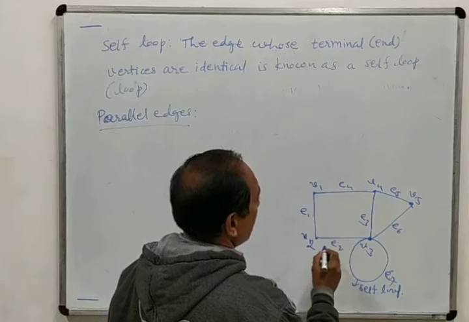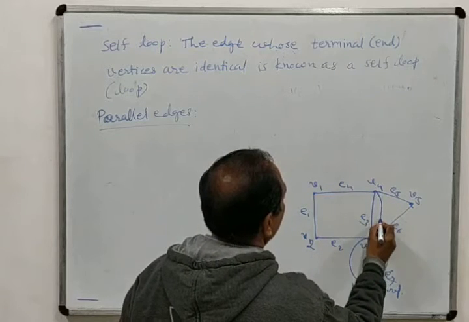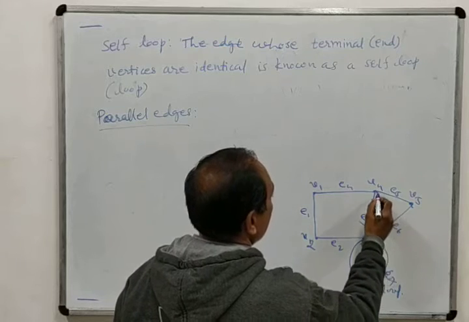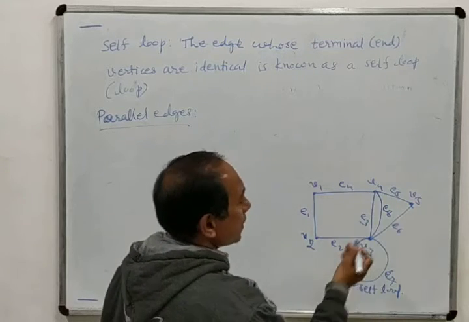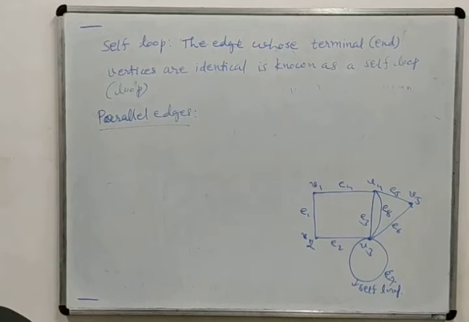Suppose I will draw one more edge, and I will give it the name, suppose E8. So I have drawn this in a curved form. So you can draw this in any form. It is not compulsory to always draw this in a straight line form, but a straight line is preferred whenever a curve is not required.